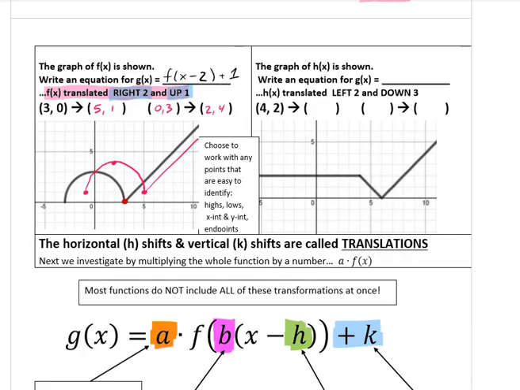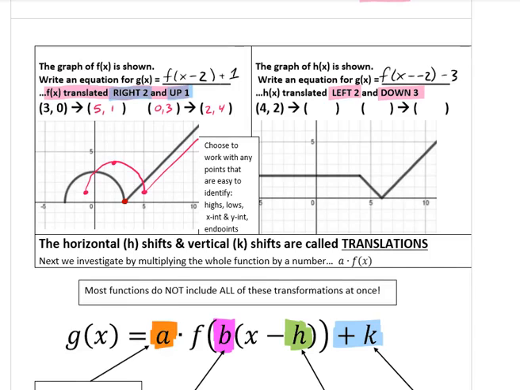And we're going to go ahead and try the next one. The graph of h of x is shown. Write an equation for g of x when it is translated left 2 and down 3. So f of x minus h plus k, down 3 and left 2. So left 2 would make this a negative 2.